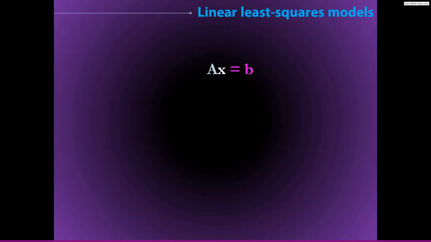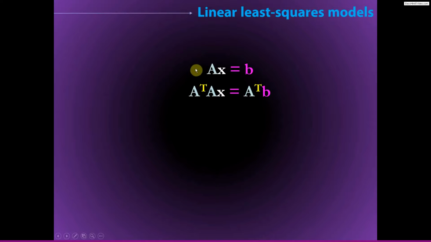We need to get rid of A from the left side of the equation. But we cannot just divide by A because it's a matrix. And we also cannot just multiply by A inverse because A does not have an inverse because it's not a square matrix. So what do we do? We use this trick where we convert A into a square invertible matrix by multiplying by its transpose.